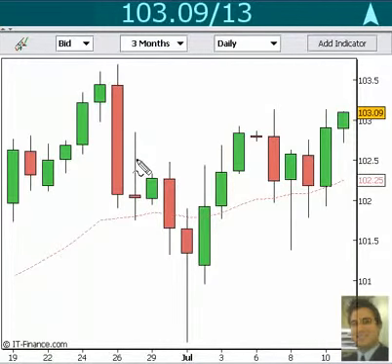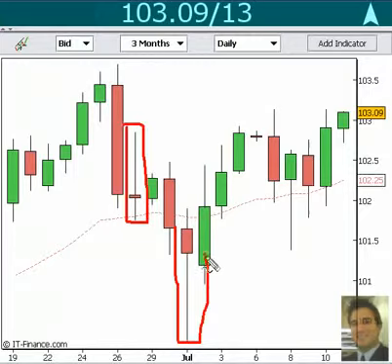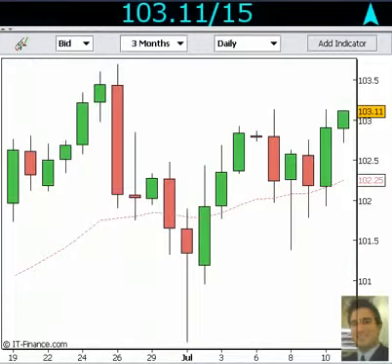The first pin bar that we had was here, and that could be traded on the short side. We had existing bearish momentum, and then a pin bar, and then an inside bar, and then bang, straight to the downside. We then ran into another pin bar here, and this was very tradable.